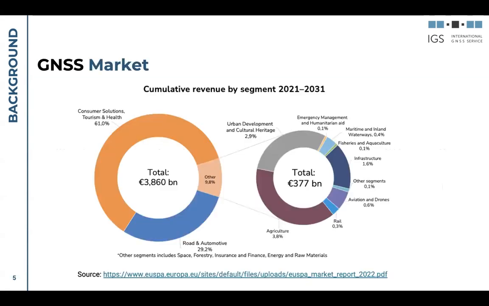I just pulled up the OISPER market report from 2022, and you can see that there is a lot of revenue expected in different segments. Of course in the consumer solution industry and road and automotive, but also in other segments like agriculture, infrastructure, aviation, or the rail industry.